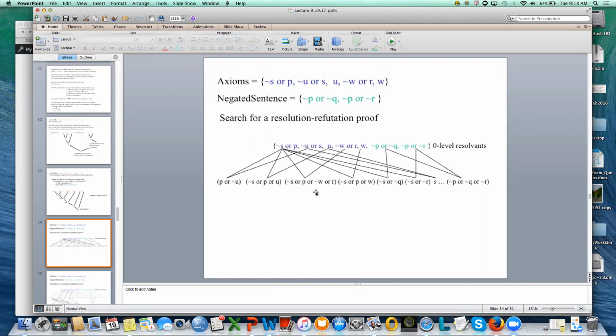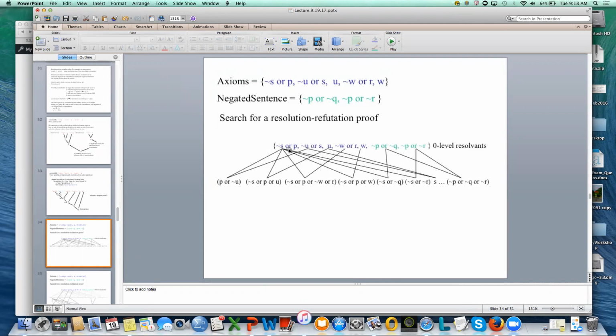Again, I add that negated sentence to the set of axioms, and I simply search for all possible ways of pairing propositions, compound propositions here, in a way that will resolve or make progress. Depending on your implementation, I think a preferred implementation would only be looking at statements that actually resolved and reduced the statement length.